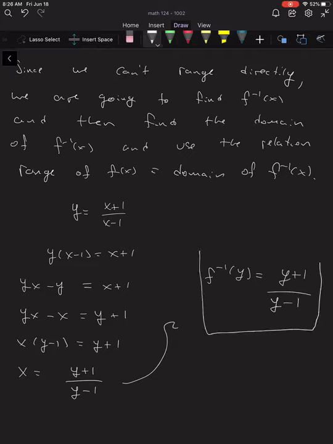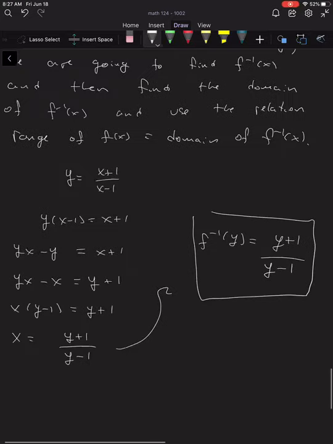So we have our inverse function now. Let's make sure we didn't make any mistakes. Everything looks good. So now what we need to do is find the domain of this.